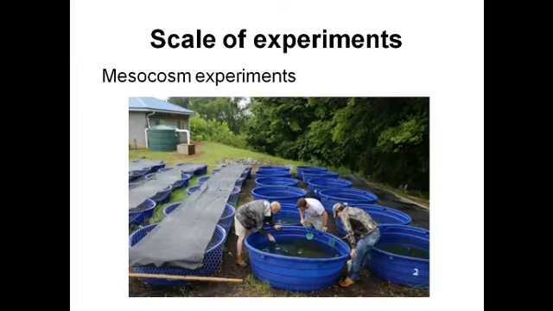And there are some other ways that you can merge both worlds. Those are mesocosm experiments. So you create an ecosystem in a reasonable sized container, and these are my students. Again, we are doing some experiments on crayfish. We were looking at the impacts of invasive crayfish on natives, and we used these large 360 gallon cattle tanks to create ecosystems.